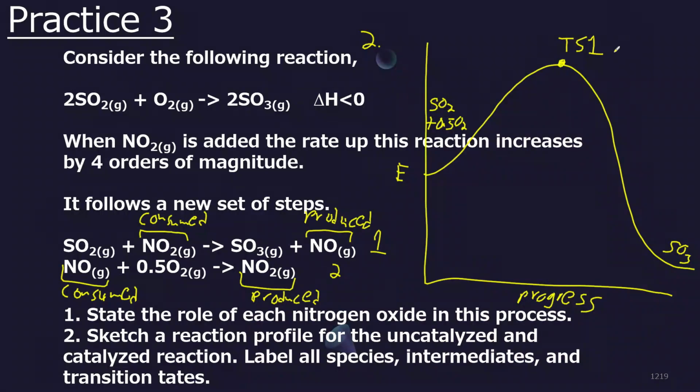All right, next the catalyzed version. So this will start basically in the same spot, but this will be SO2 plus NO2. And later on, we do have to use some O2, so I will also include that, 0.5 O2.